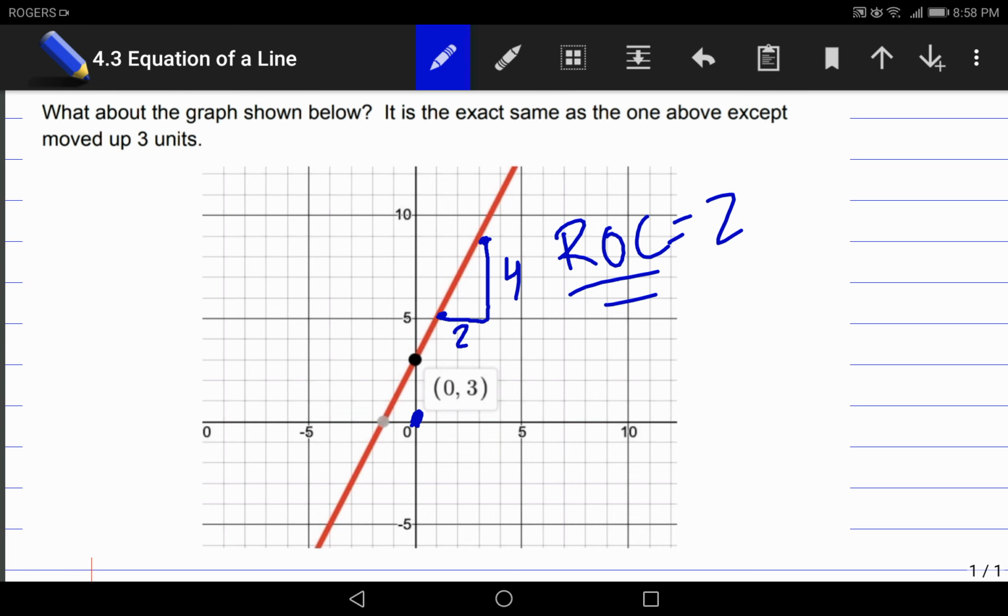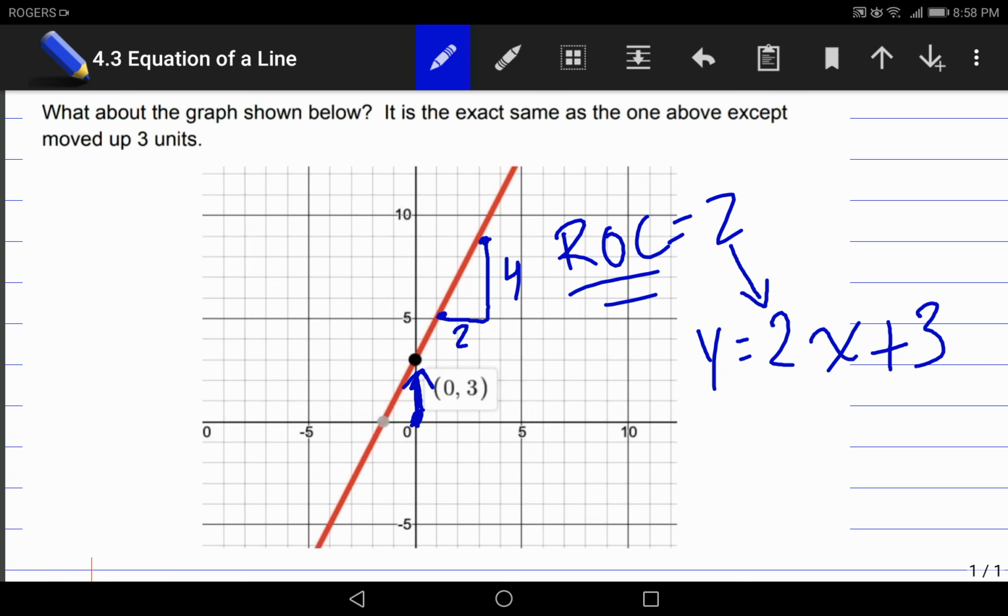It's still going to start with y equals 2x because it still has the rate of change of 2. So it's still 2 times the value of x. The only difference is because we're shifting this graph up 3 units, it now just becomes plus 3.